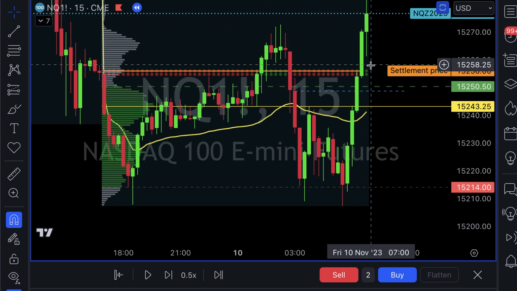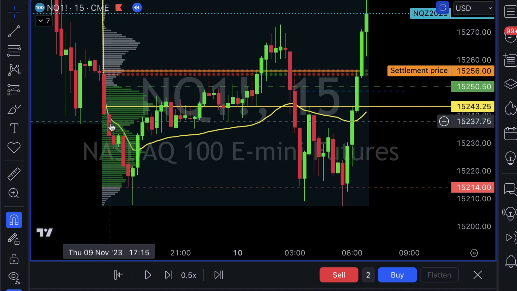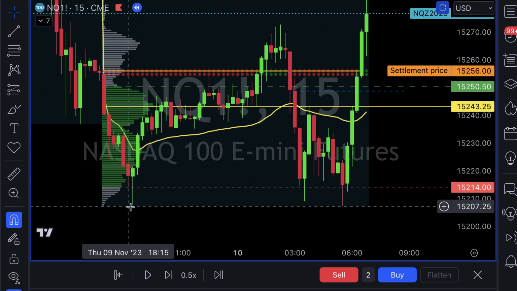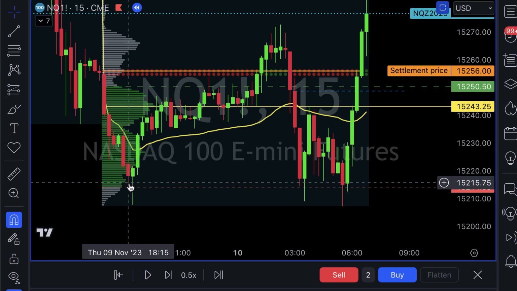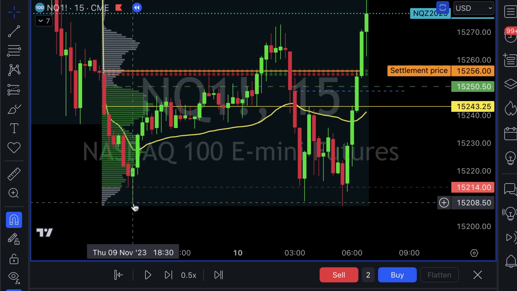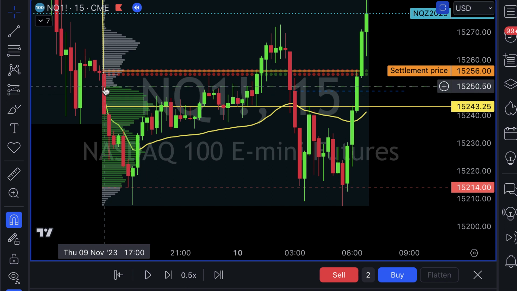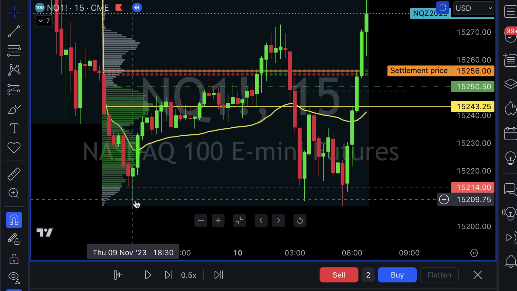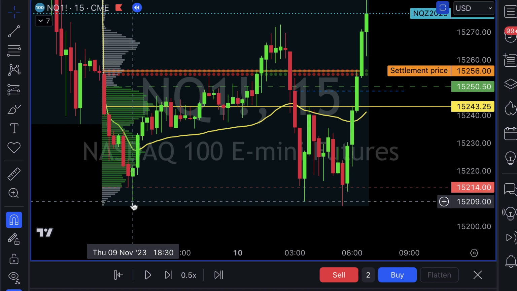Then the next thing that I look at is, was the overnight low traded? And what I mean by that is anywhere between the next night's opening range, so in my case, 5 p.m. Central Time. There was a low made here at 6:30, which is pretty common. So that low, did it get traded yet?